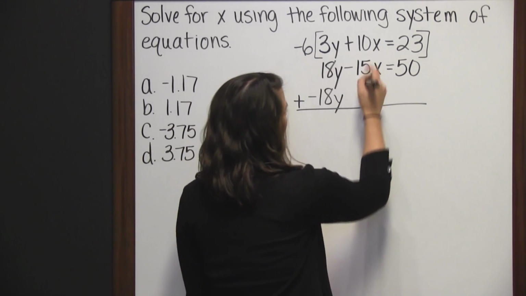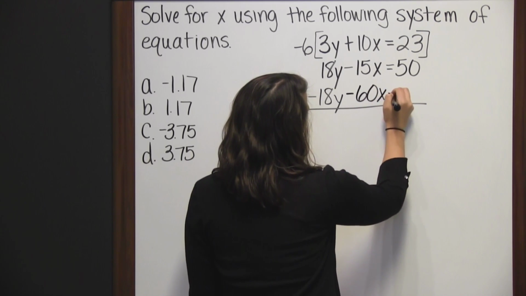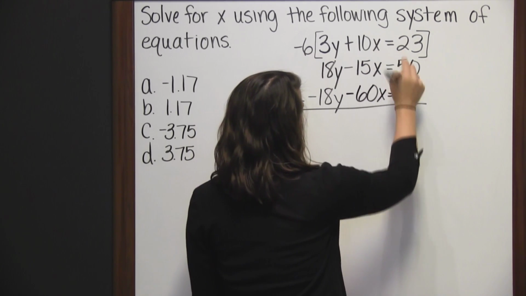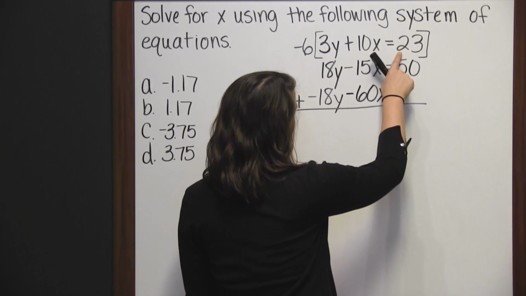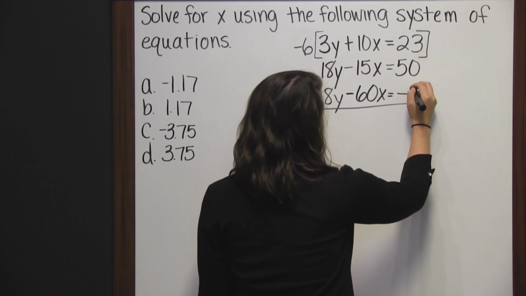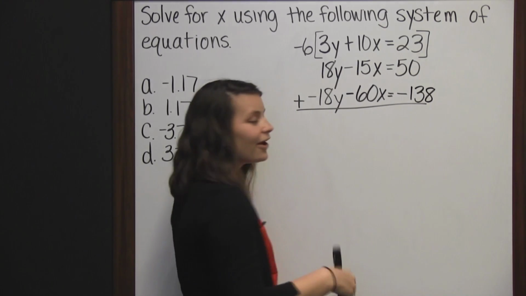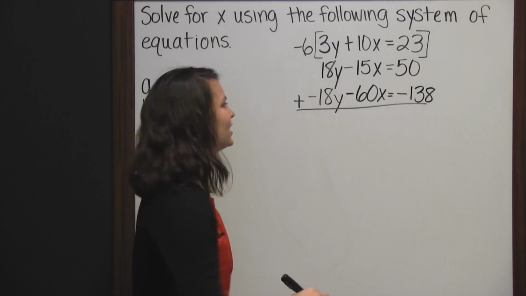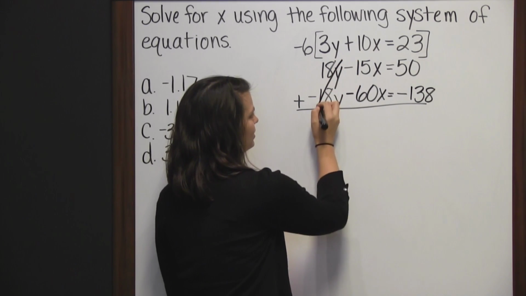Negative 6 times 10x is negative 60x. And negative 6 times 23 is negative. 6 times 20 is 120. 6 times 3 is 18, so 138. And now I need to add my two equations together. 18y and negative 18y is 0.